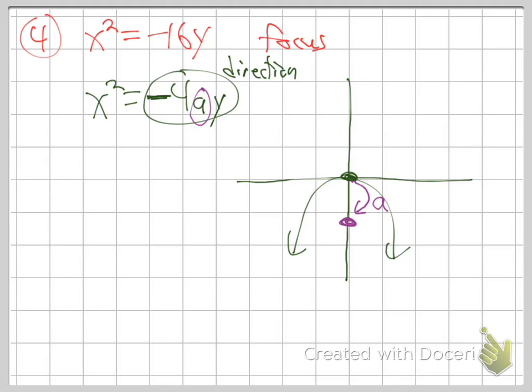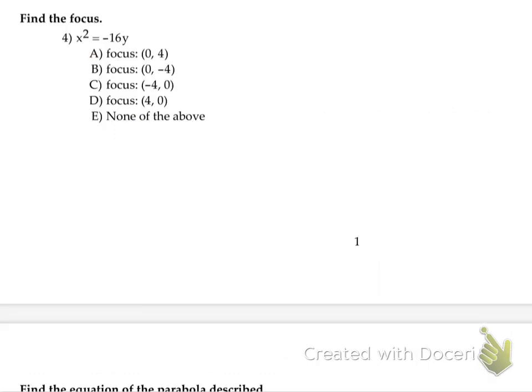So what does A have to be so that these really make negative 16? A's got to be 4. You can just tell by looking at it. So the focus is over 0, down 4. Those are the coordinates of the focus.